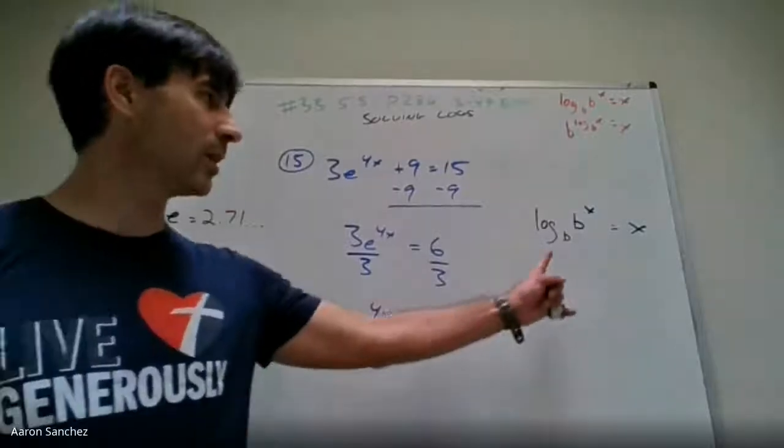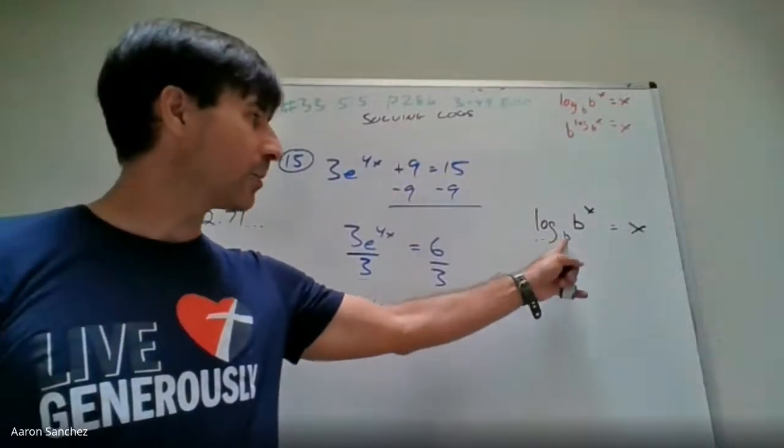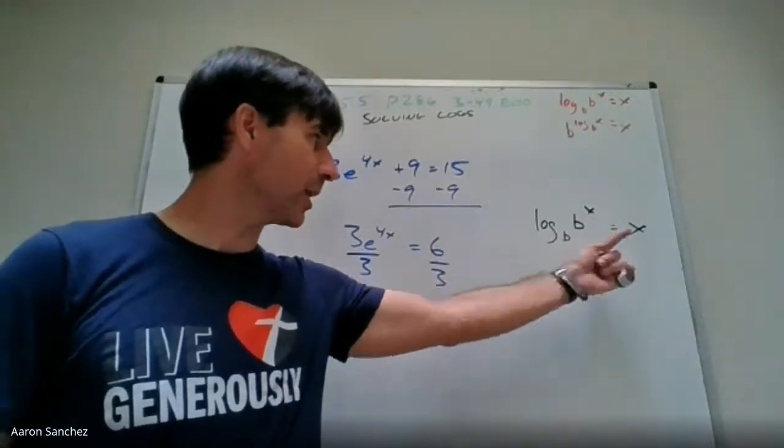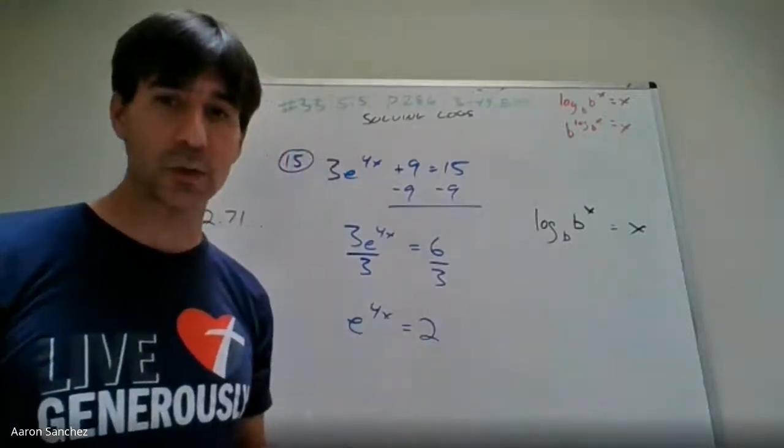Remember, we did the inverse log rule. We talked about this on Friday. Log base b of b to the x is just equal to x. These two are inverses, and it equals x.